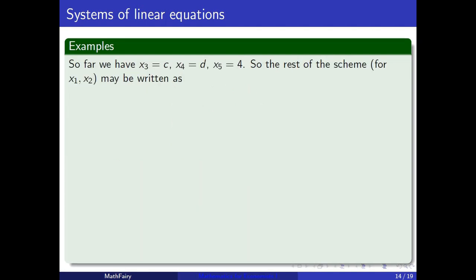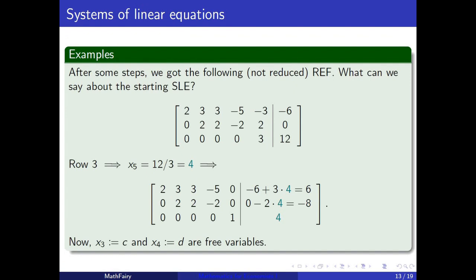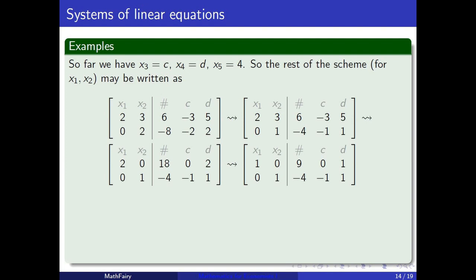So we're going to say that x3 is some parameter c and x4 is some parameter d, while we also concluded that x5 must be 4. For the rest of the scheme, we will move these c's and d's to the right-hand side of the equation. So from this matrix, we would get this augmented coefficient matrix.